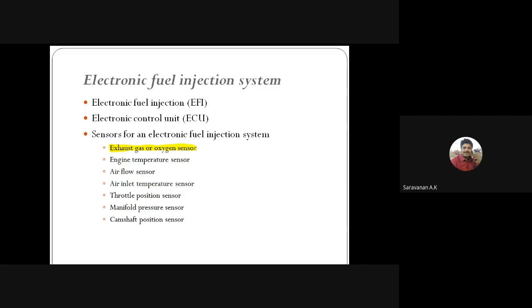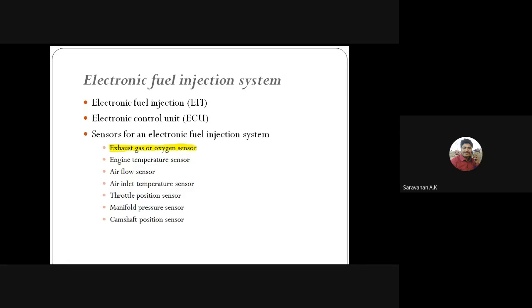Here it senses the amount of oxygen in the engine exhaust, and it calculates the air fuel ratio.